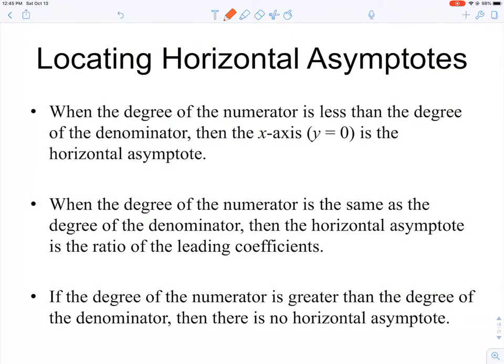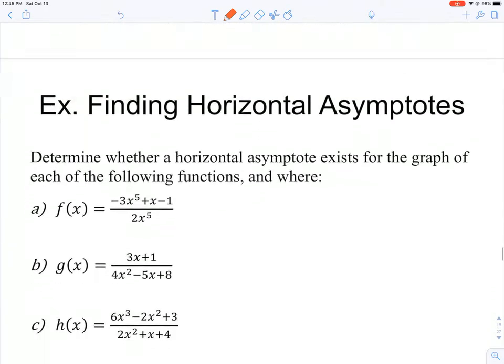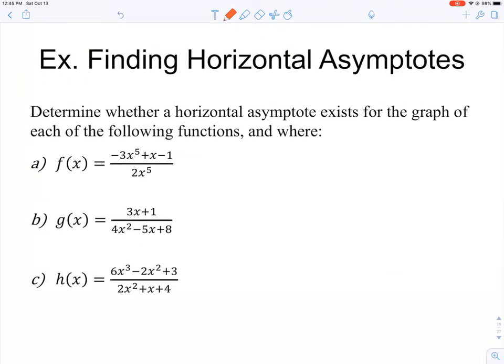Okay, so this is just in more words describing how you can locate horizontal asymptotes. All right, so let's look at these 3 examples here. You can analyze the degree of the numerator and denominator, or we could also think about finding the end behavior model for the function. Right, in this case, we would have negative 3x to the 5th over 2x to the 5th, which simplifies to negative 3 halves.